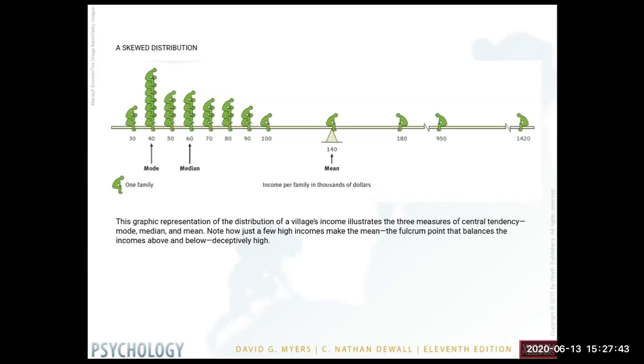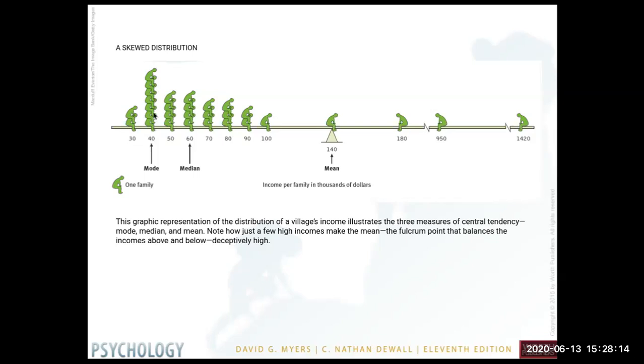Some streets, especially in East LA, are a little lower income than some other streets. So in this neighborhood here, these are the annual income per family in thousands of dollars. And each of these people sitting down, holding their knees in green is one family. So what we see here in this distribution, this is the normal distribution. Most people fall in this range. We have two families that make $30,000 on average a year.